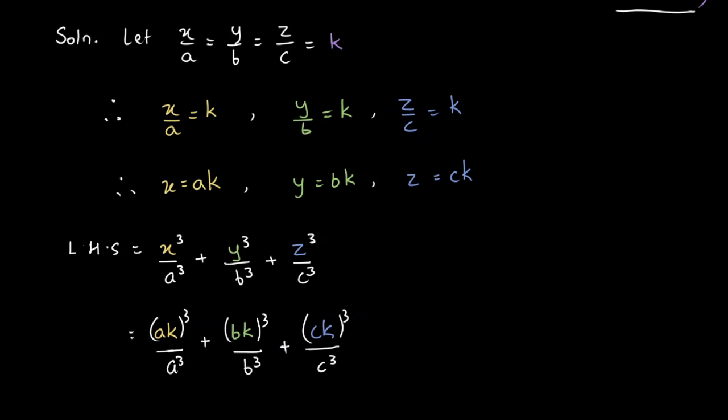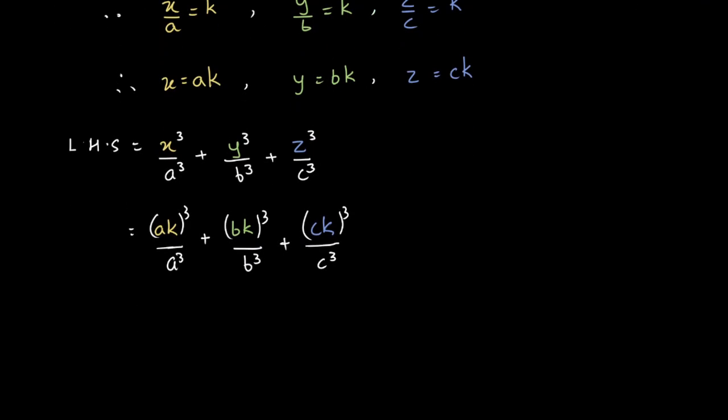To simplify this further, opening up the brackets, ak the whole cube becomes a cube k cube upon a cube, bk the whole cube is b cube k cube upon b cube, and ck the whole cube is c cube k cube upon c cube.